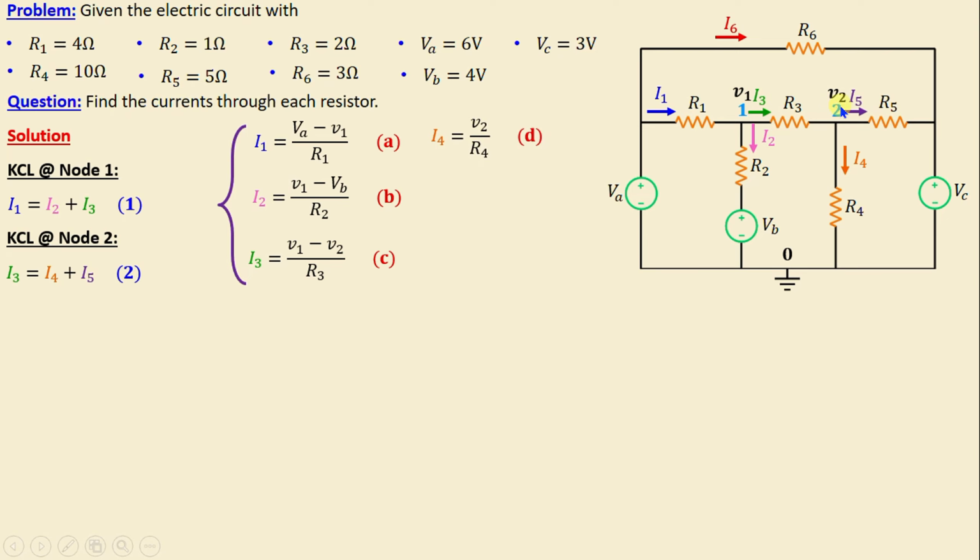I4 is equal to V2 minus 0 over R4. I5 is equal to V2 minus VC over R5, and finally I6 is equal to VA minus VC over R6.